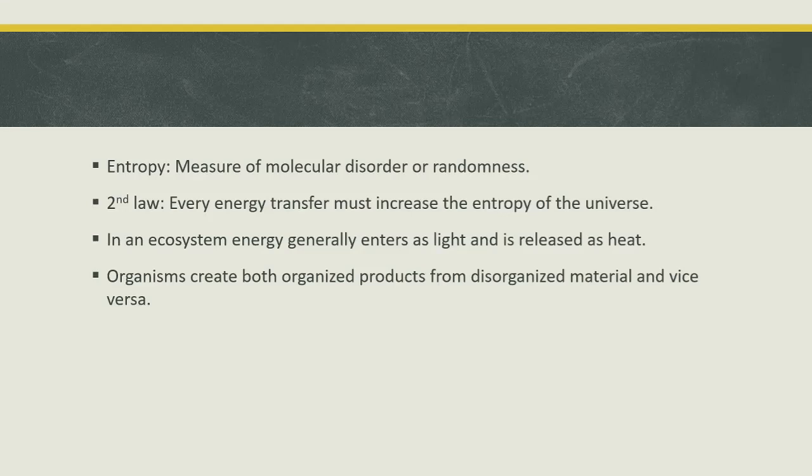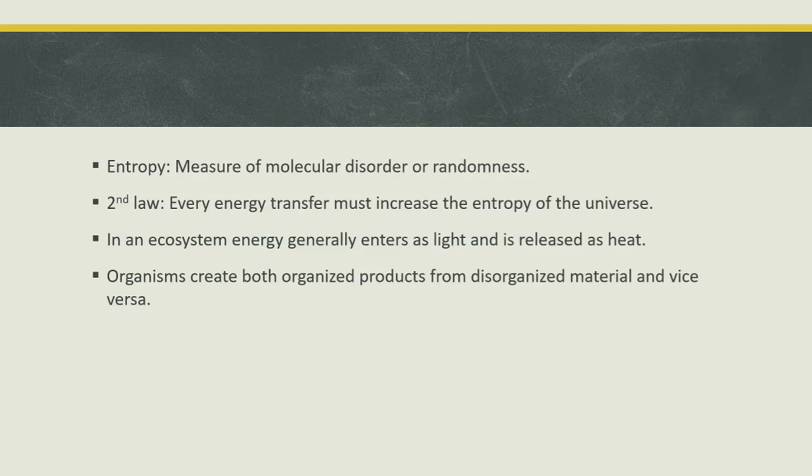Okay, in an ecosystem, energy generally enters as light and is released as heat. Okay, this is something important to know. You can see here that the second law is being followed. Light enters in a really organized way, and when it's released, you can see that it's released in the form of heat, and heat is a really disorganized type of energy.